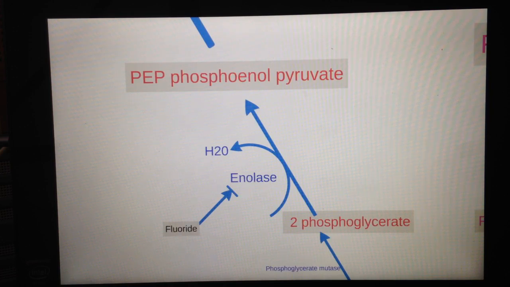However, if you have fluoride in your mouth, these oral bacteria can't carry on with glycolysis because this enolase is being inhibited. So when you're giving fluoride to a patient to prevent oral caries, you're preventing this step. Interesting to note.